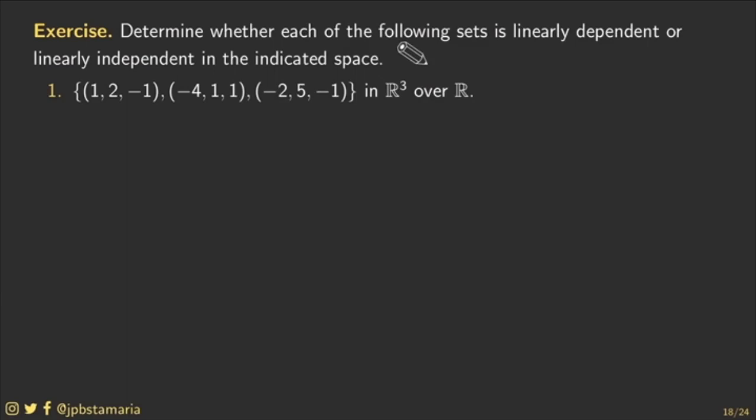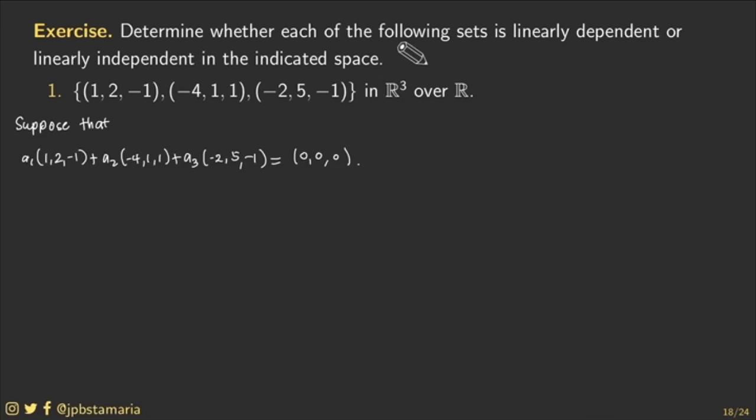Alright, generally, how do we know whether a given set is dependent or not? That's the next question. Normally, when I want to know if a given set of vectors is independent or not, I do the following trick. I write this linear combination. I suppose that a1(1, 2, -1) + a2(-4, 1, 1) + a3(-2, 5, -1) = (0, 0, 0).